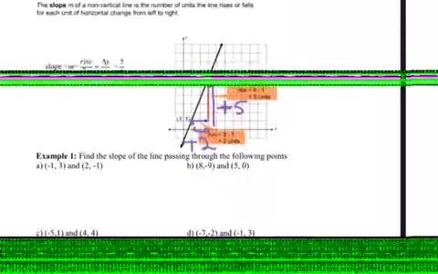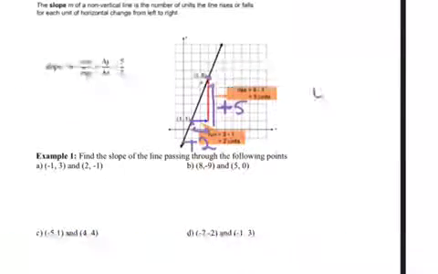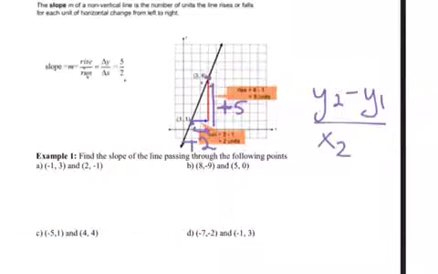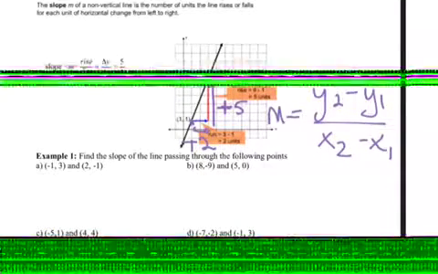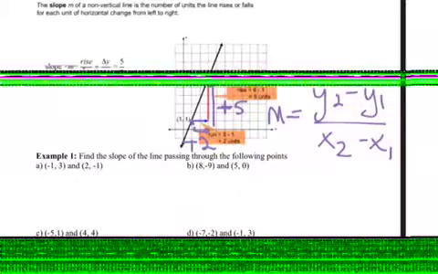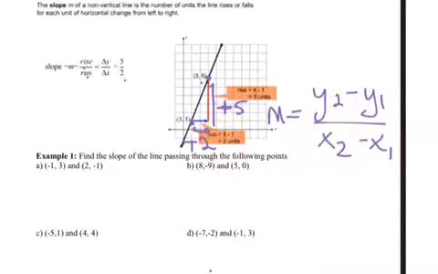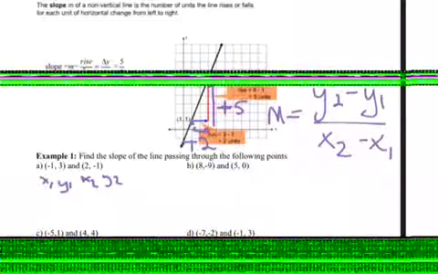Algebraically, we're going to use this formula y2 minus y1 that we saw on the page previous to this to get our slope. So if I label this problem x1, y1, and x2, y2, I always do that just to keep myself organized.